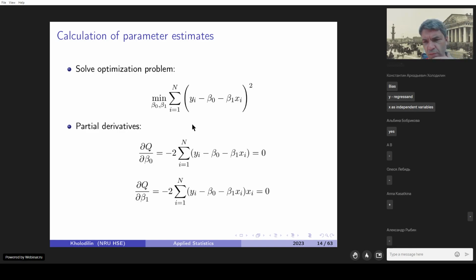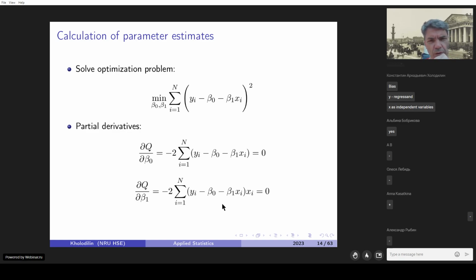You may remember from the mathematics course that in order to find the optimum, we have to find partial derivatives of this function. We have the function Q, which is equal to the sum of the squared errors, and we find partial derivatives with respect to beta 0 and beta 1. These are the first order conditions, and as you probably remember, they must be equal to 0 in order to find the optimum.